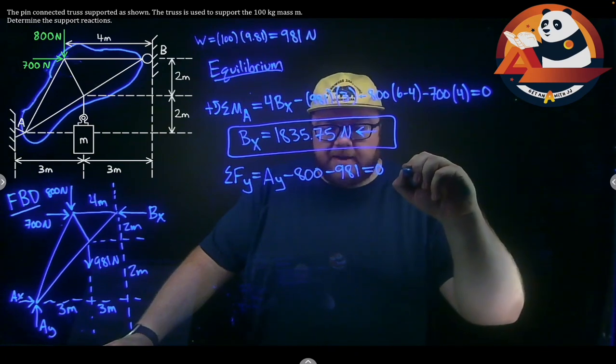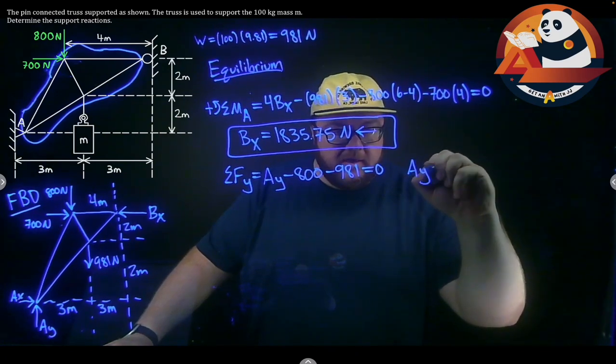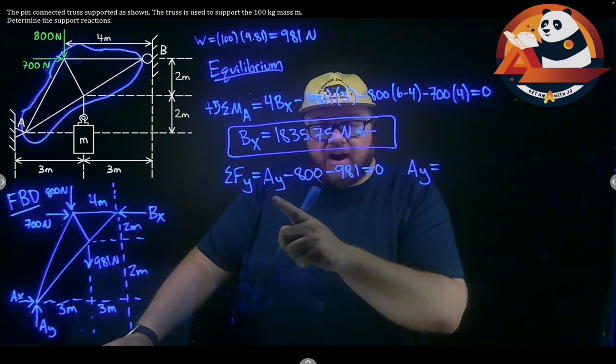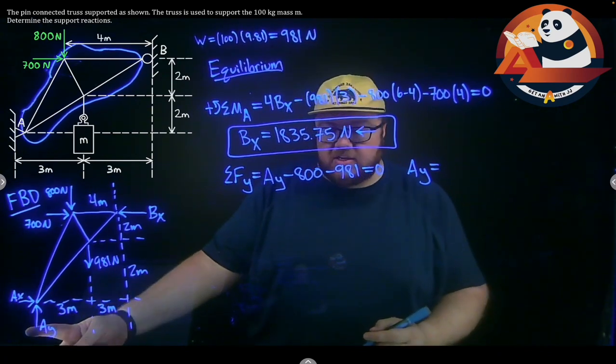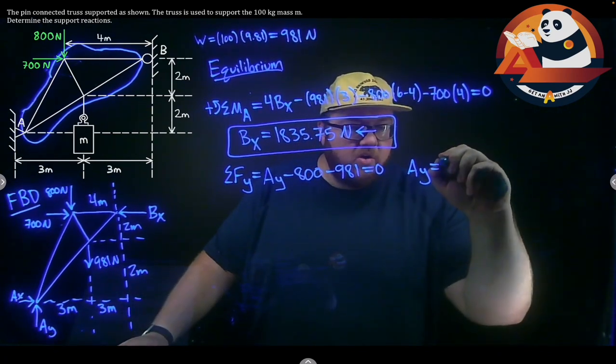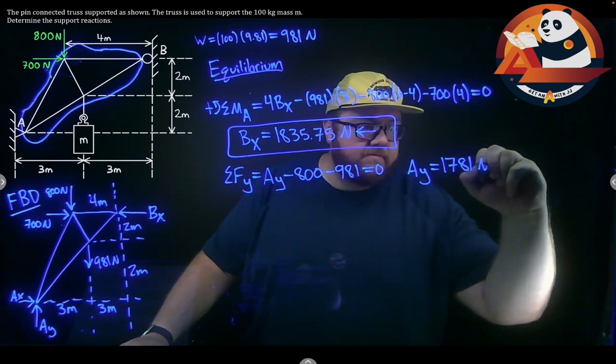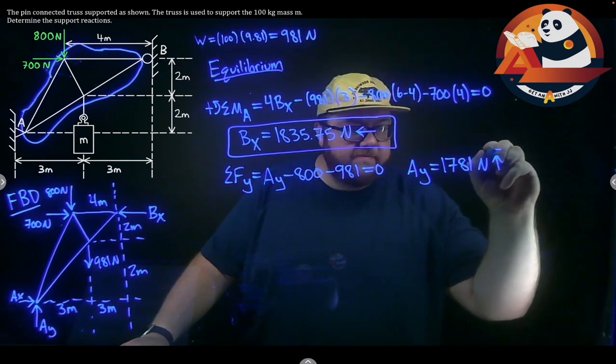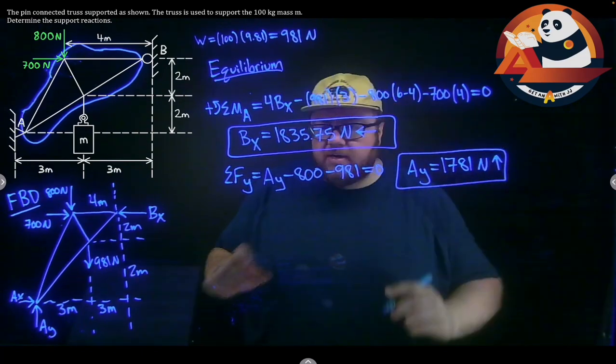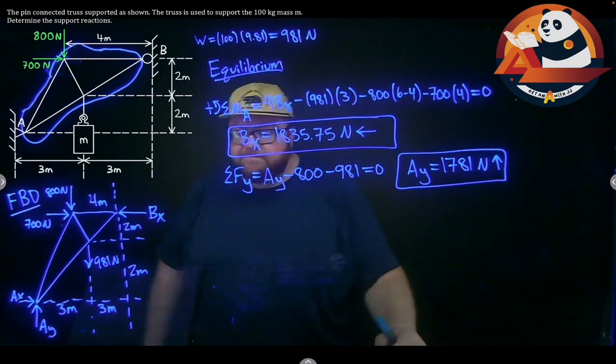Or Ay is equal to, again, we get a positive out here, so I'm going to get that this is the correct direction. Ay is 1,781 newtons, and it's going up in the direction we assumed, because this solves to be a positive answer.